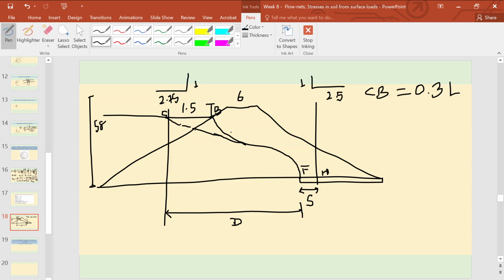L is the horizontal projection of the upstream face. If the end point is A, and A dash is vertically below it, AB will be equal to L.